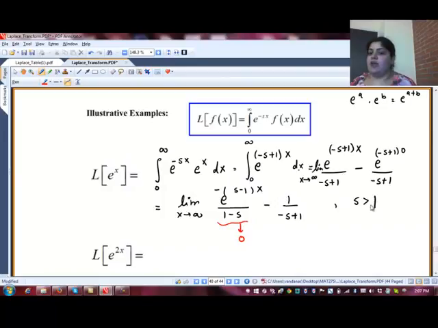So, s bigger than 1, this whole thing will go to 0, because e to the power minus of a positive number times x will go to 0. And you are left with 1 over... you have a negative sign here and a negative here, so you can say this is s minus 1.